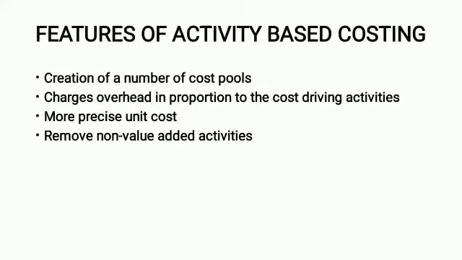Identification of cost through activities and their causes not only assists in calculation of more precise cost of a product or a job, but also removes non-value added activities. The elimination of non-value added activities would bring down the cost of product.